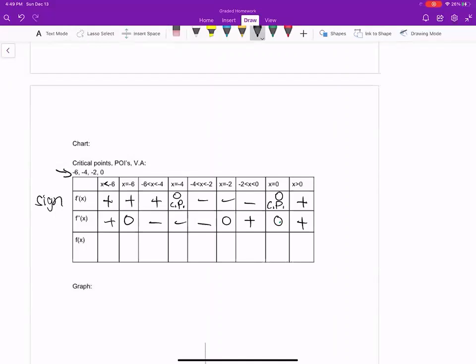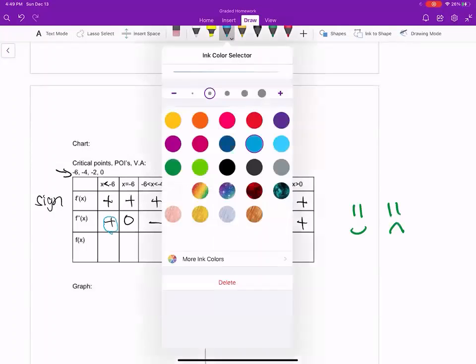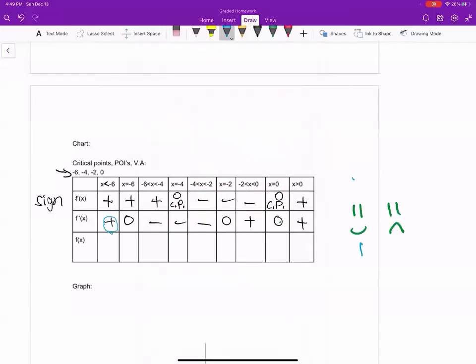You look at the plus here, and one way to know the shape is that your f prime x gives you a smiley face and a sad face. Just stay with me. If this is a plus, you're looking at the smiley face. And if the top one is also a plus, you're looking at the increasing side, so you can write increasing.